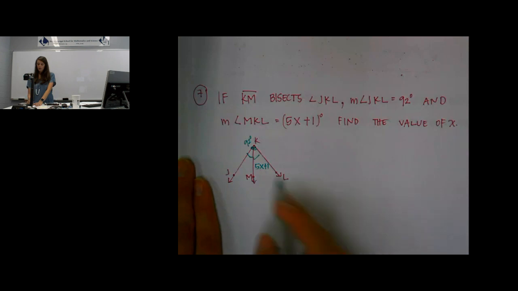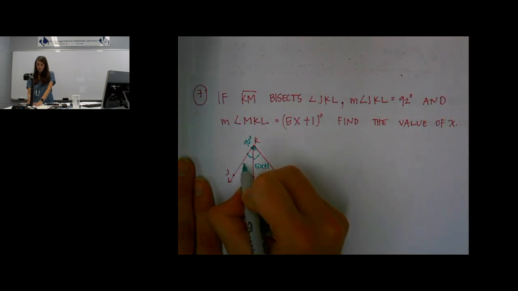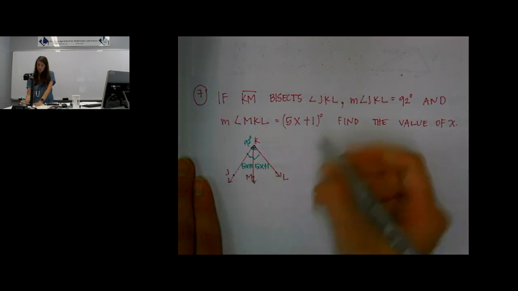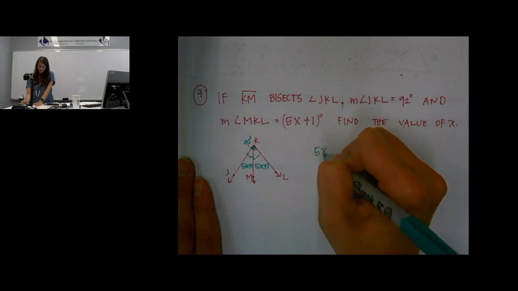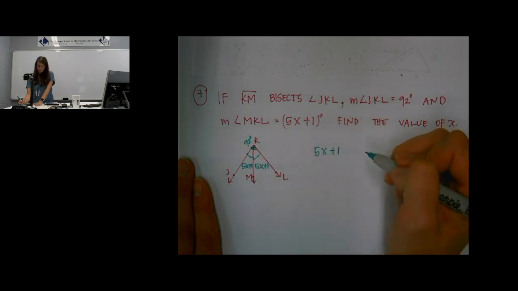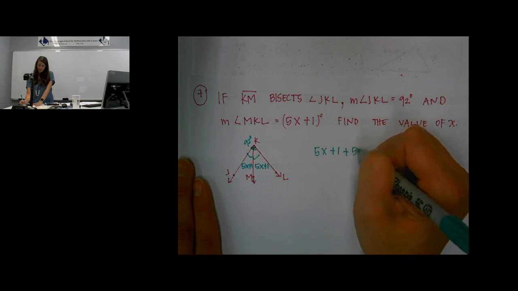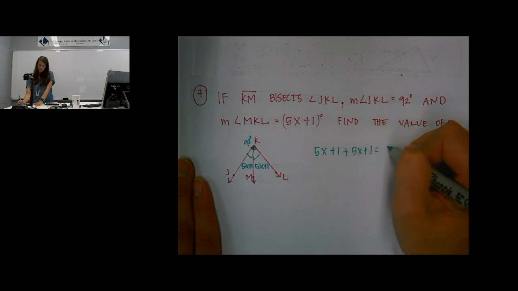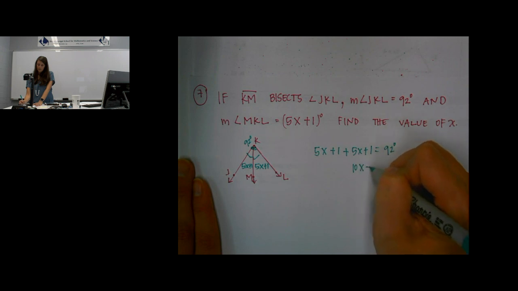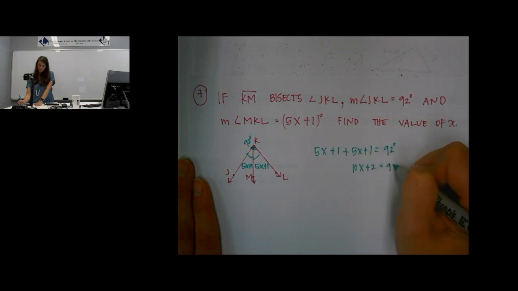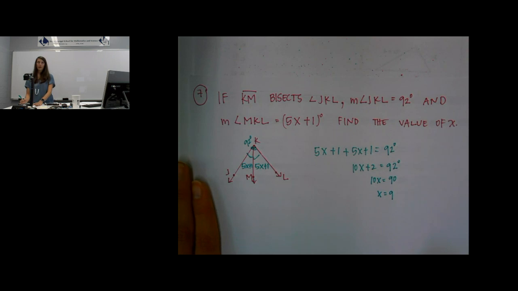Okay, so the only way I can do that is this is also going to be 5x plus 1. So 5x plus 1 plus 5x plus 1 is going to be equal to 92. So that's 10x plus 2 is equal to 92. So that's 10x is equal to 90. So x is going to be equal to 9.